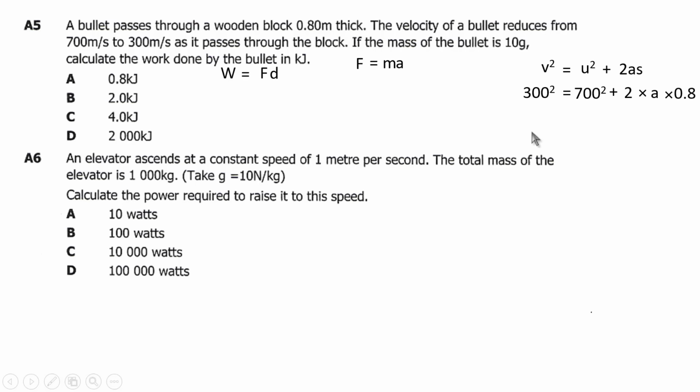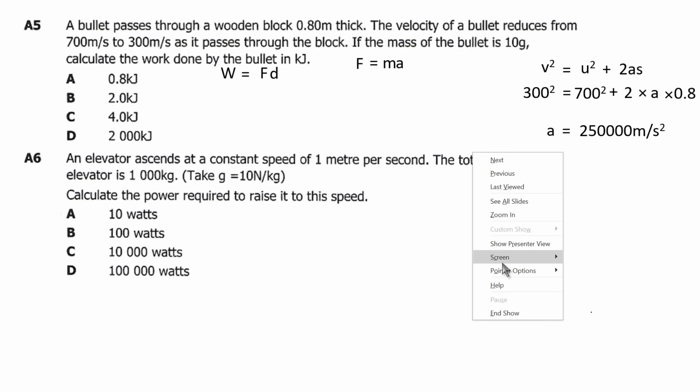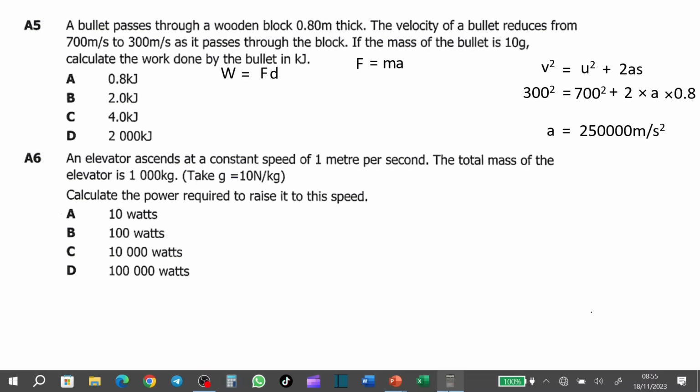Now, if we evaluate everything here, your answer should be acceleration equal to 250,000 meters per second squared. For those of you who cannot see how this was solved, let me do it for you so that you move at the same pace with me.